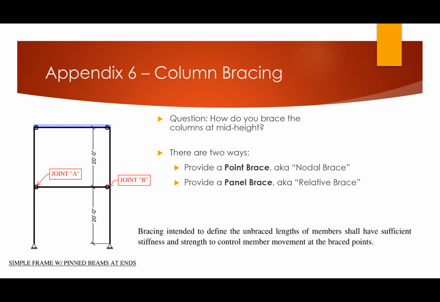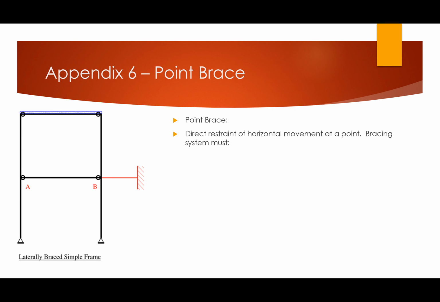So a point brace, first, let's define what that is. If we were to define what the code is saying is a point brace in terms of a picture, this would be it right here. You have a direct external resistance preventing lateral movement. So right here, this would be considered what the code defines as a point brace, right?